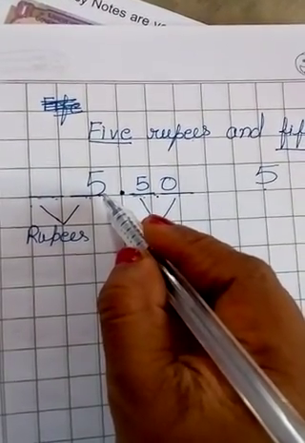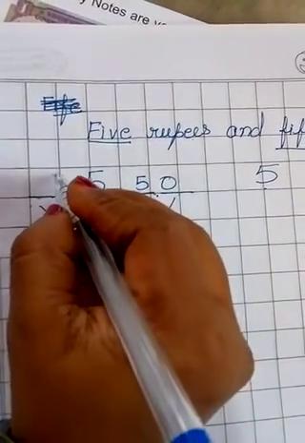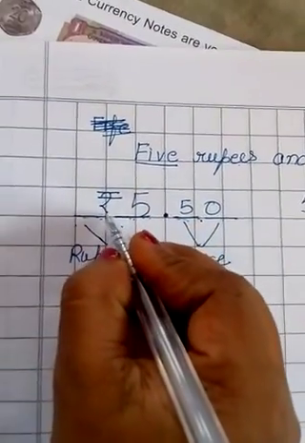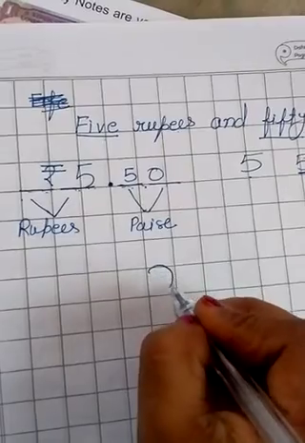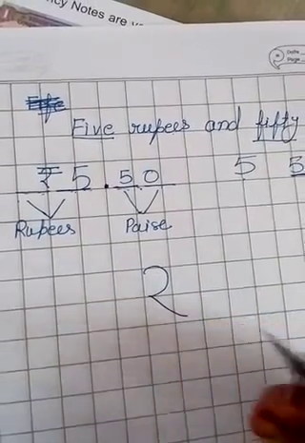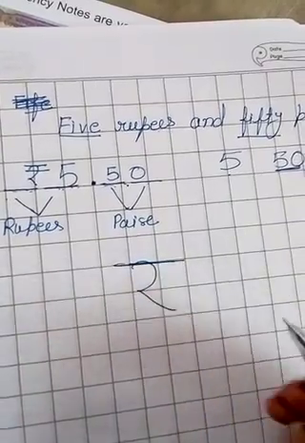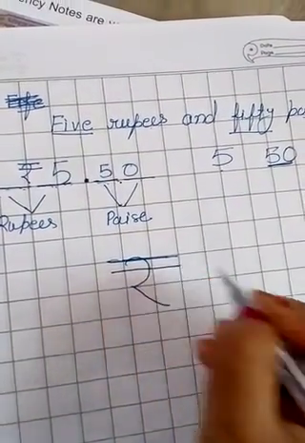And one more thing children, after writing this we will put here the symbol for rupees. How do we write the symbol for rupees? First we write R with the heading like this, and then we cut it like this.